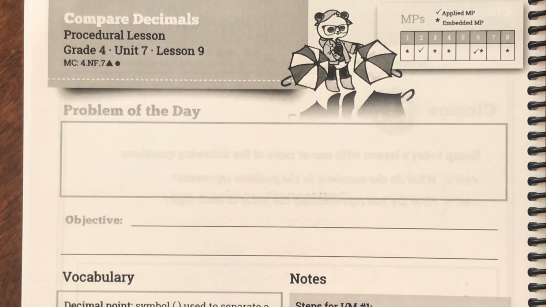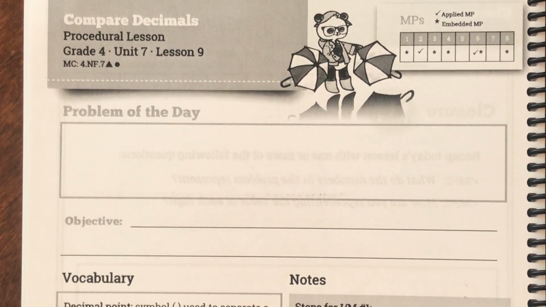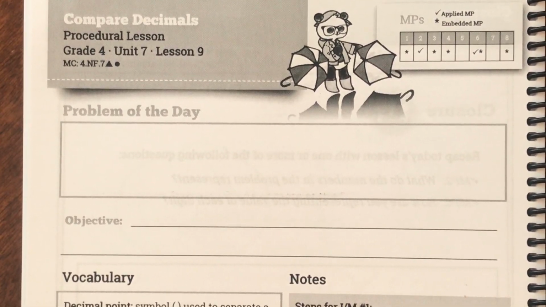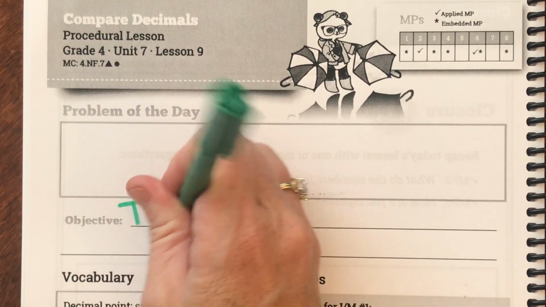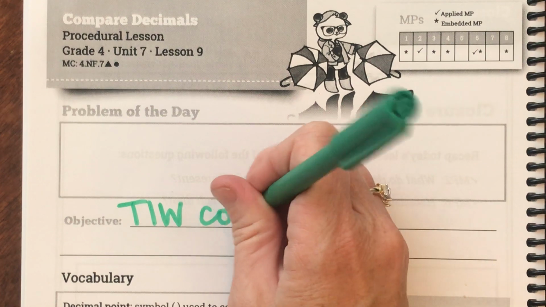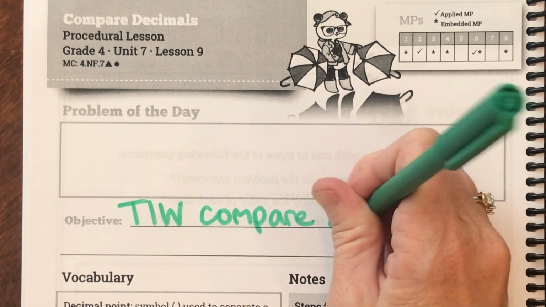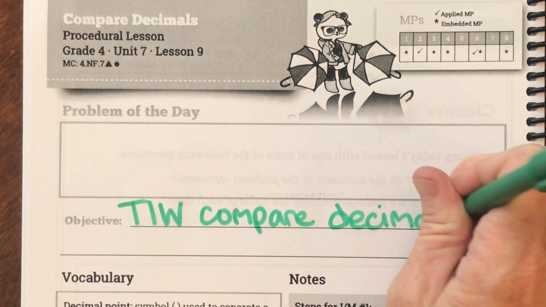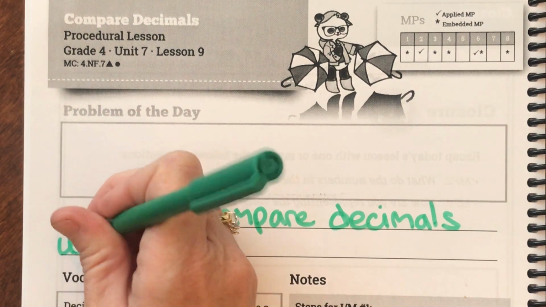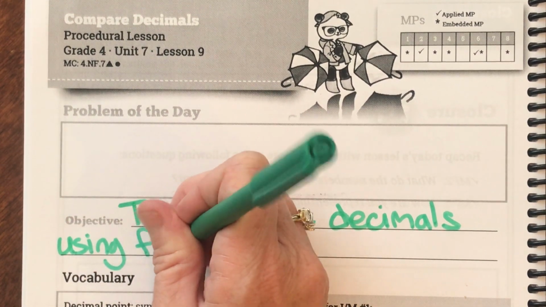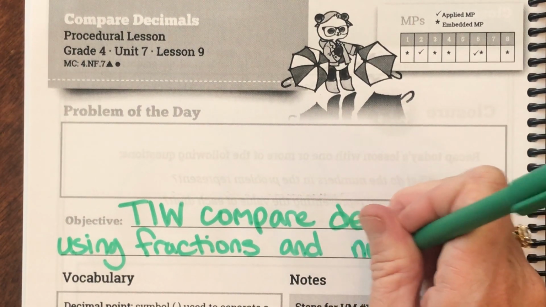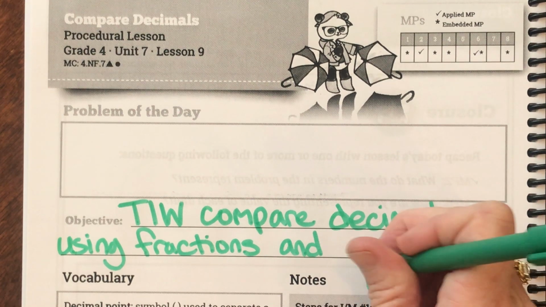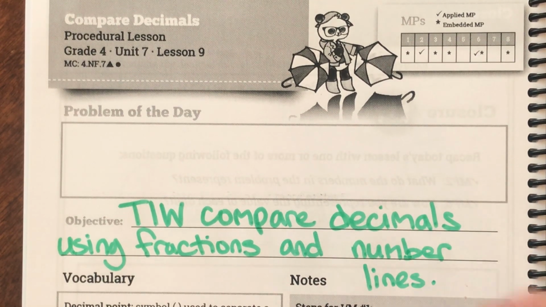Good morning, fourth graders. Today we are on page 265 of your student journal, and our objective is: today I will compare decimals using fractions and number lines.